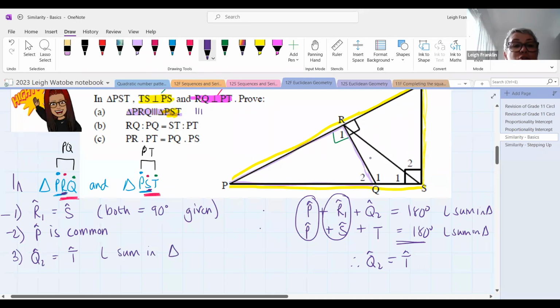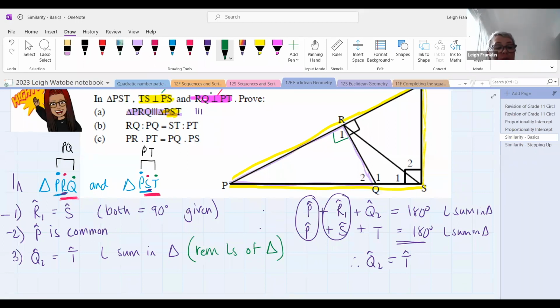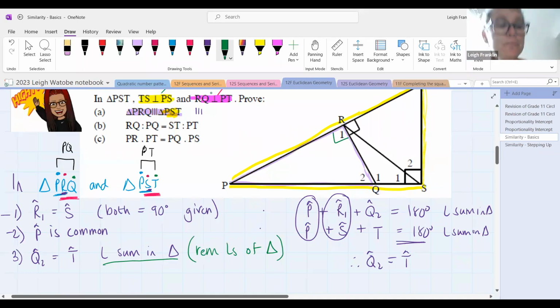The other thing that you might see your teachers using here is the words remaining angles of triangle as well. But this over here underlined in green means that the angles of a triangle add up to 180. So if they tell you which triangles are similar and what you need to prove, they're actually giving you the answer.